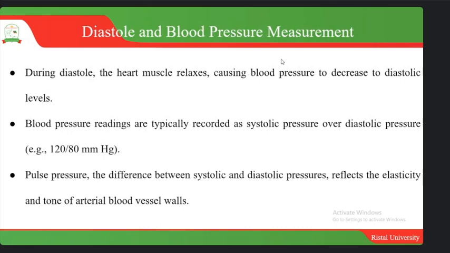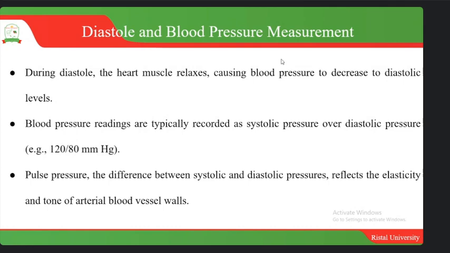So during diastole, the heart muscle relaxes, causing blood pressure to decrease to diastolic levels. When you're measuring the blood pressure, you always realize that the top number is what we call the systole, and the lower one is what we call the diastole. The lower one is always less than the one above, meaning the diastole is always lower than the systole.